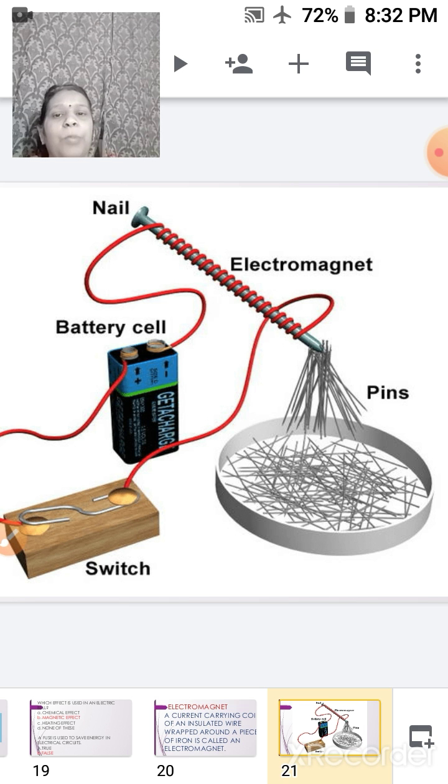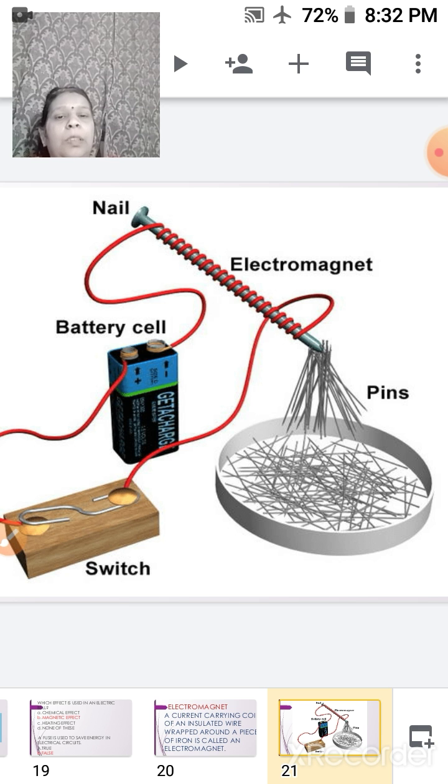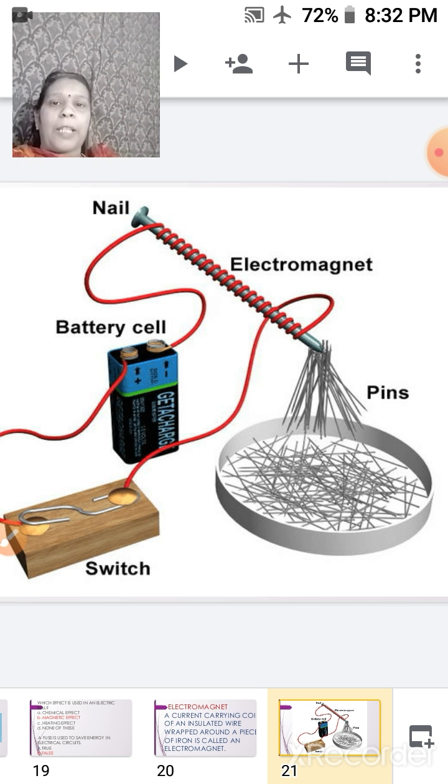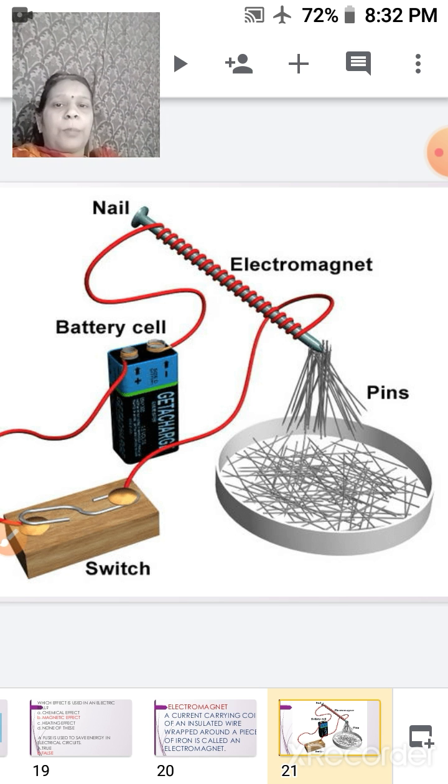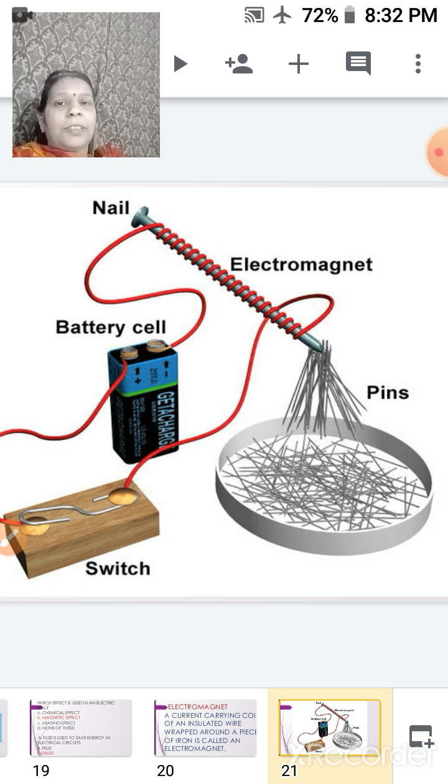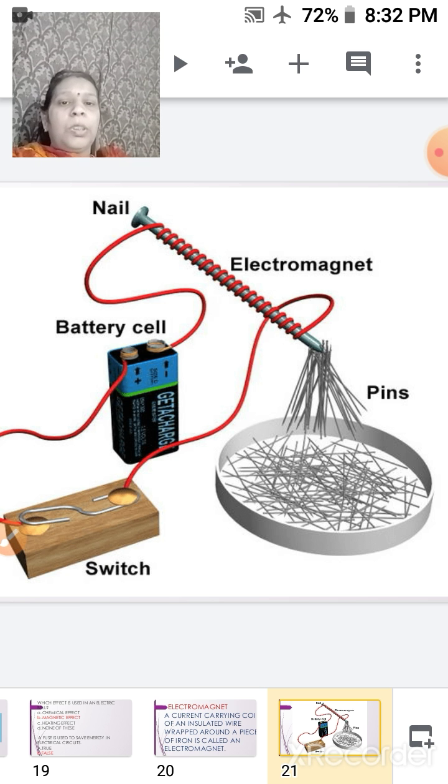When the current is passed through it with the help of a battery, and when the switch is on, this nail turns into a magnet, which is said to be an electromagnet, and it is able to pick up the pins.